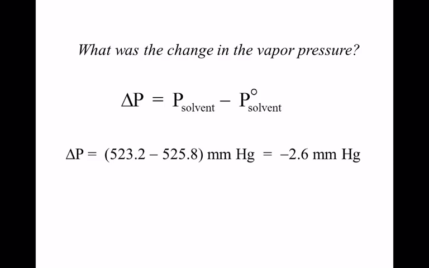A little convention if you want to save some of your hand cramp: if you're doing a subtraction or addition like that, you can put the two things in parentheses and then the units outside. That works great. Rounding according to decimals, we got negative 2.6 millimeters of mercury. If you get a positive value there, then something's gone wrong.